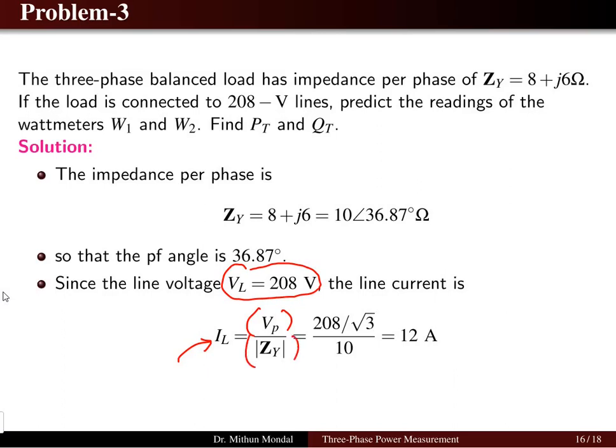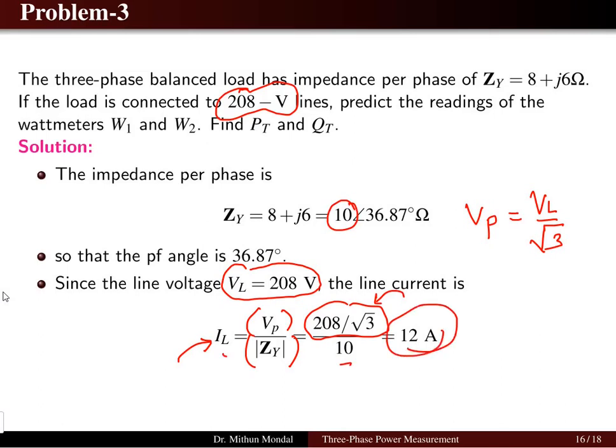The voltage is given in line, so we have to obtain it in phase. So the phase voltage is nothing but the line voltage by root 3. So we divide, 208 by root 3, and the magnitude of the impedance is 10, so we get 12 ampere as the line current. So this is basically the magnitude of the line current.